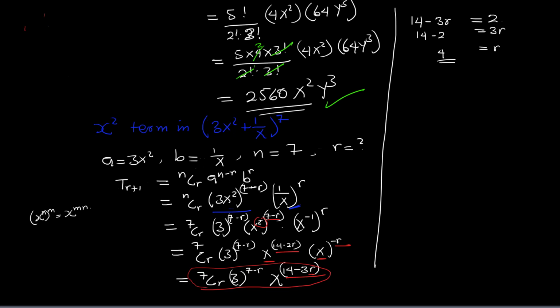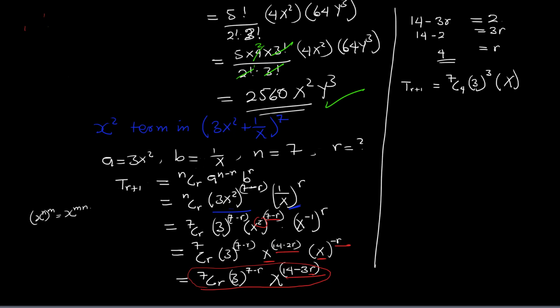Okay, so on substituting, we have t r plus 1 equals 7 combination 4, 3 to the 7 minus 4, which is 3.